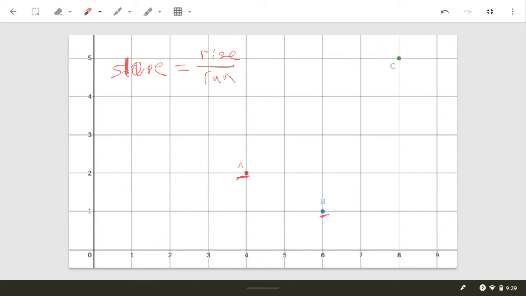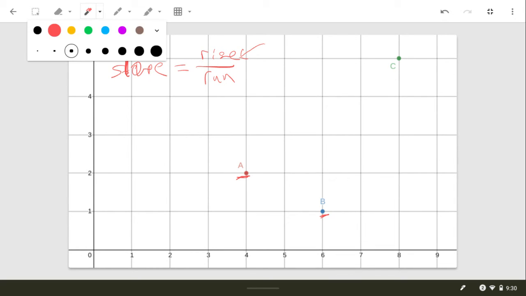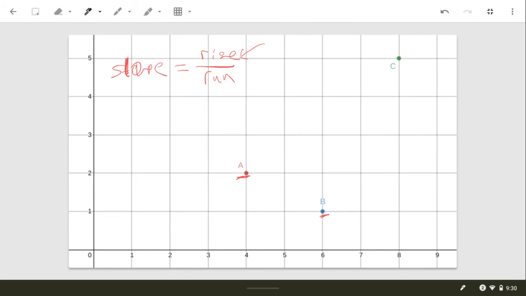What we have to do is count the up and down distance from A to B, and that's going to be the top number of our fraction. So from A to B, it's just 1 unit. Each of these little segments here is 1 unit. So it's 1 unit up and down. That's the top number of our fraction.